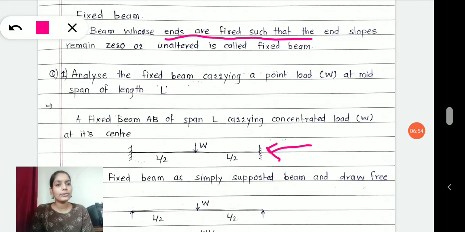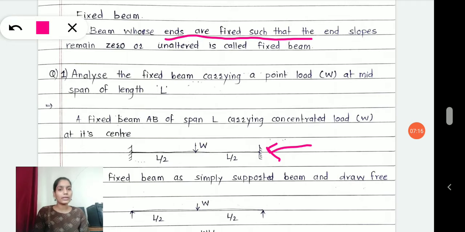In this figure you can see that both the ends are shown with the symbol of fixity. What does it mean? Whenever you talk about fixed supports, you have to understand that you have restricted the movement in the horizontal, vertical as well as rotational direction.